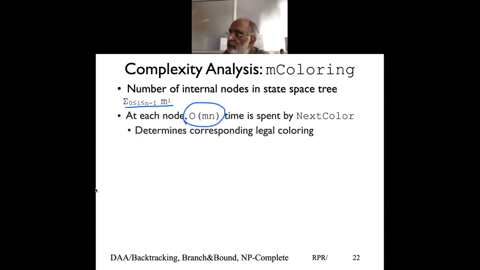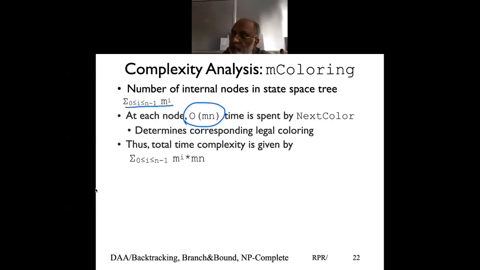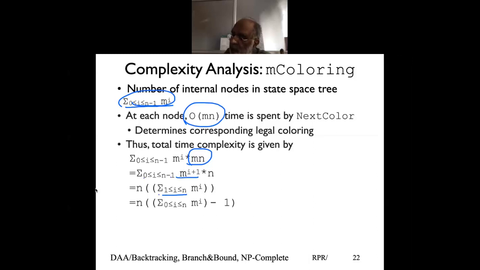And that means my total time complexity is sigma for number of nodes, and for each node I take this much time. So this basically gives me m raised to power i plus 1 times n. N can be taken outside. And this is the sum of m raised to power i plus 1, i from 0 to n minus 1, where I can say i from 1 to n. I can add a value 0 and say still m raised to power i plus 1 minus 1.